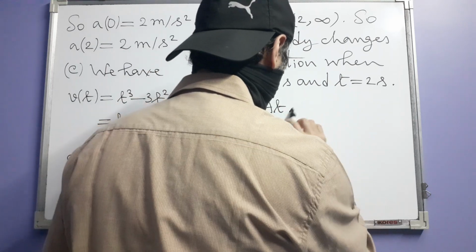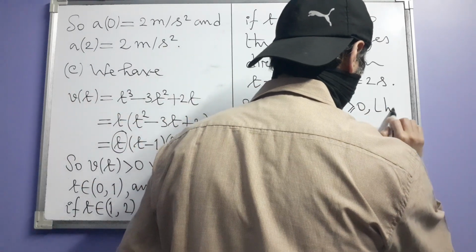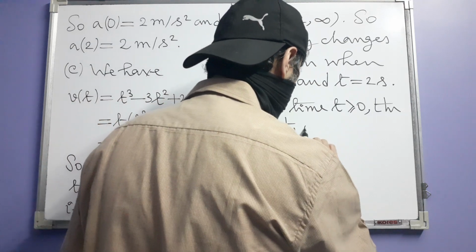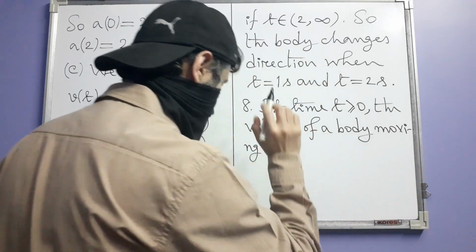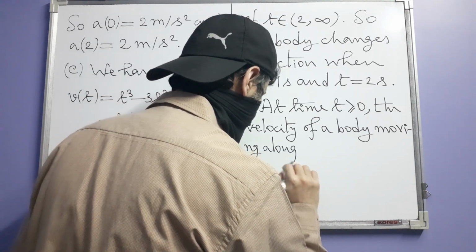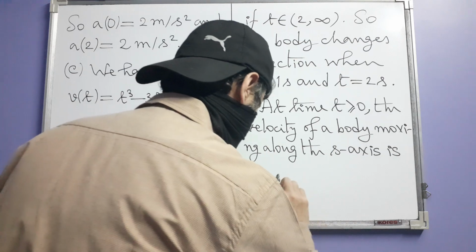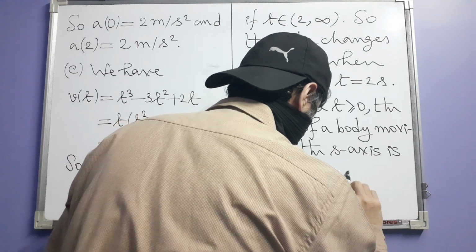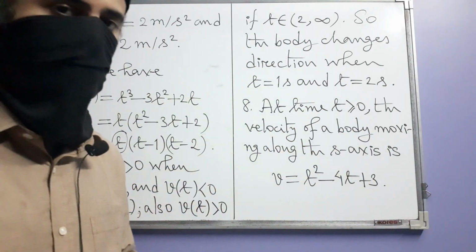At time t greater than or equal to 0, the velocity of a body moving along the s-axis, that means our coordinate line, is this: v equals t square minus 4t plus 3. So here the position function is not given, but the velocity function is given.